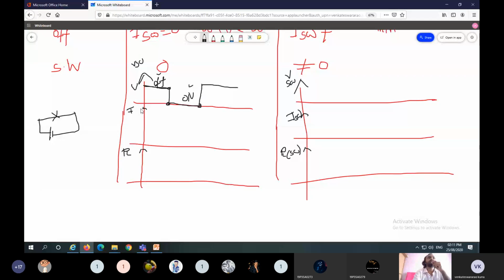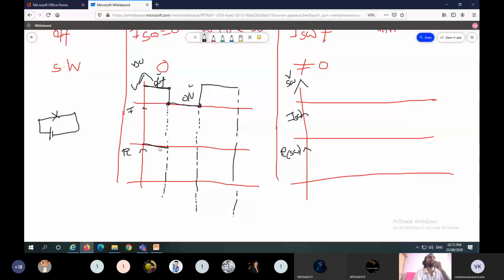Coming to current, whenever the switch is off, this one is the off state. When the switch is off, current flowing through the switch equals 0.